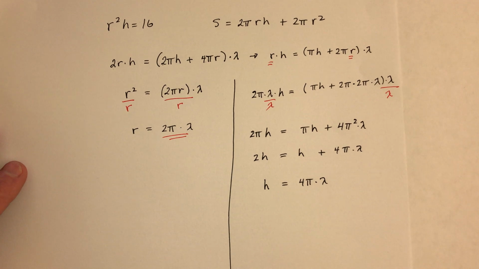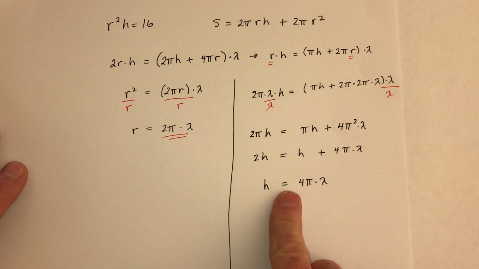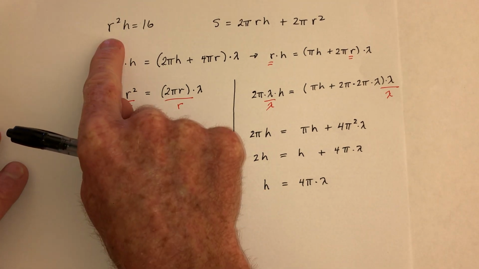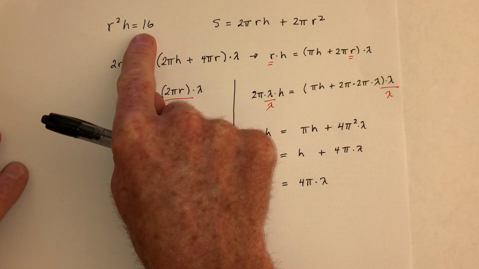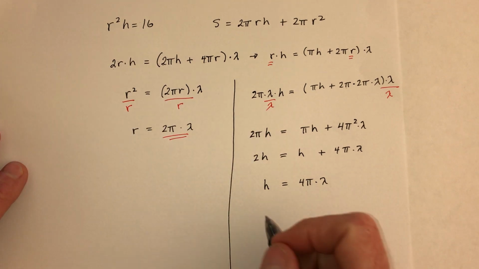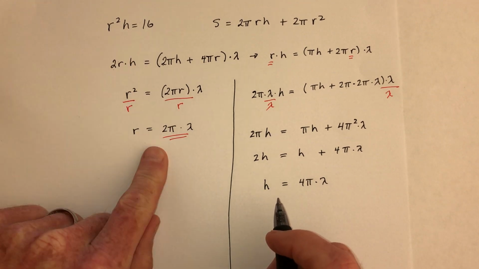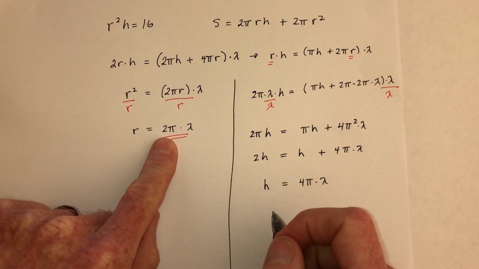All right. Now I have what h equals, and I have what r equals. And I have an equation that's equal to 16, so I should be able to plug those numbers in. So I've got r, so I'm using this equation, substitute this for r.